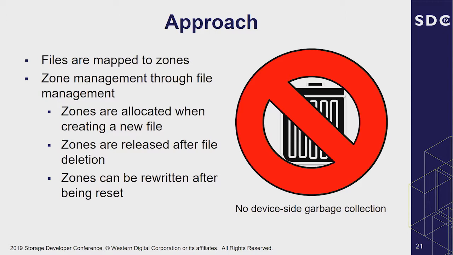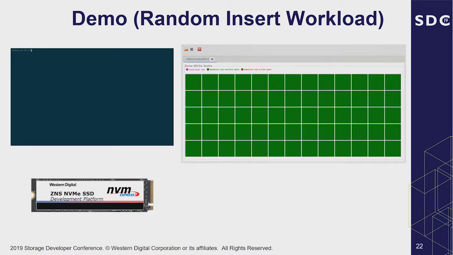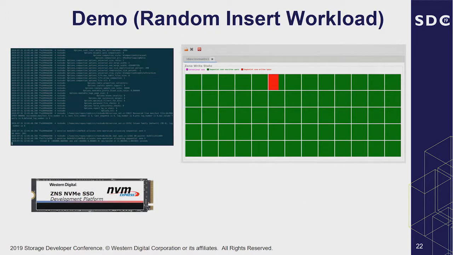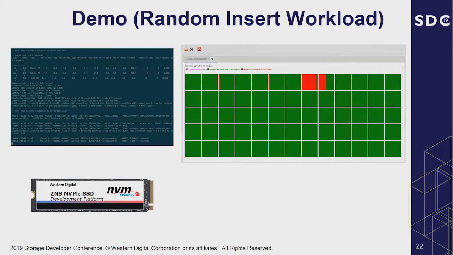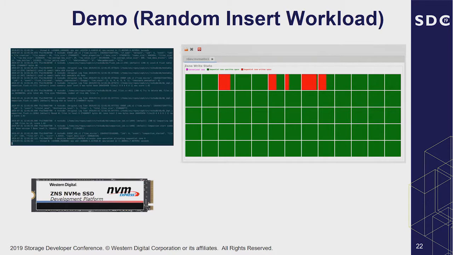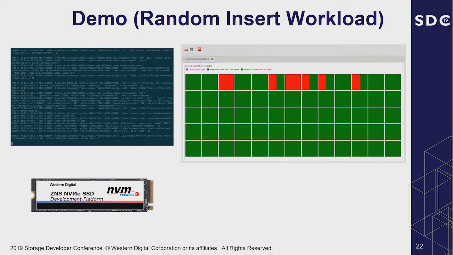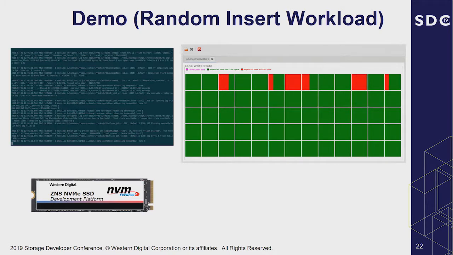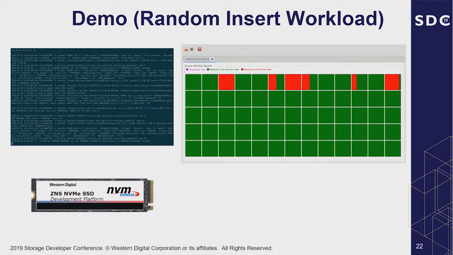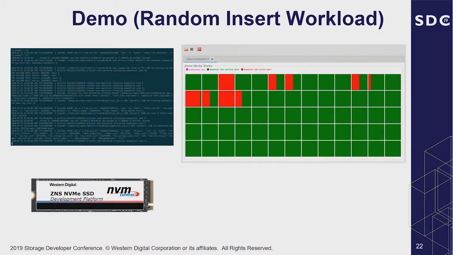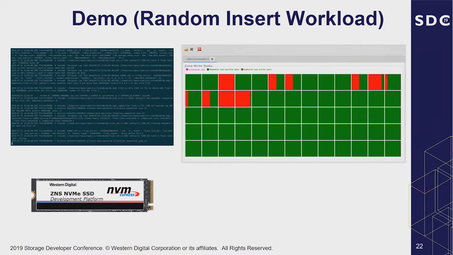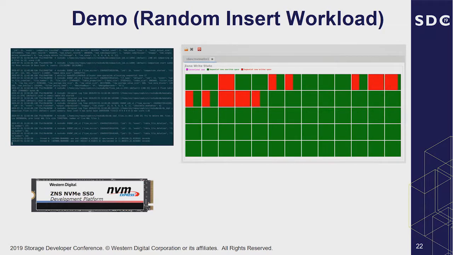And if we have a look at how this would look in a demo, on the left here we see the console output of random inserts of key value pairs. And on the right, we have a tool that peeks into the disk and visualizes the zone states.